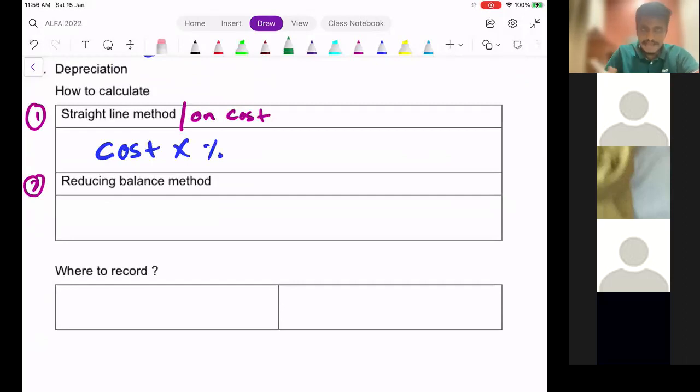We can calculate the depreciation in two ways. One is the full year depreciation. Full year means this formula, cost times the percentage. But sometimes the question will ask you to calculate monthly. When the question asks you to calculate monthly, you need to times with how many months over 12.